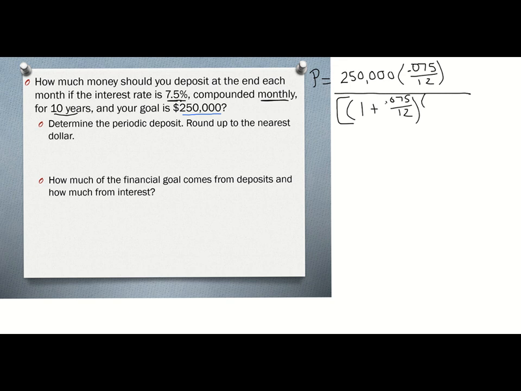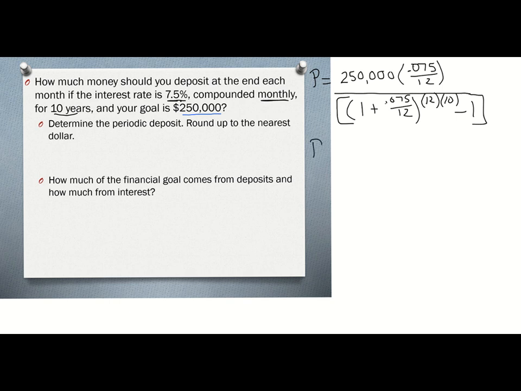This time it's going to be raised to the 12 times, and our time is 10 years, so 12 times 10 power, minus 1. So again, I'll do the top first. I'll take my 0.075, divide it by 12, and then times that by 250,000.